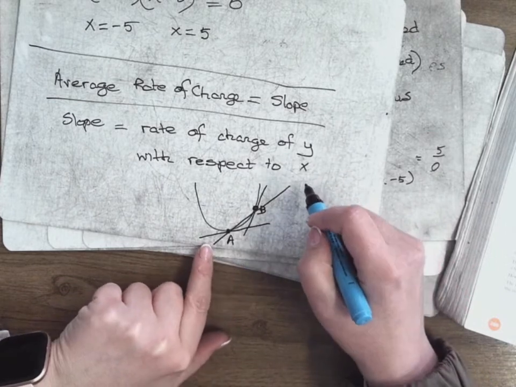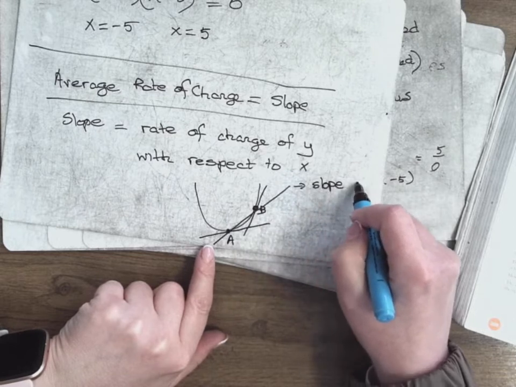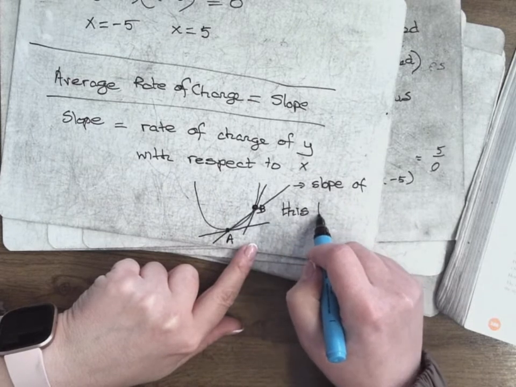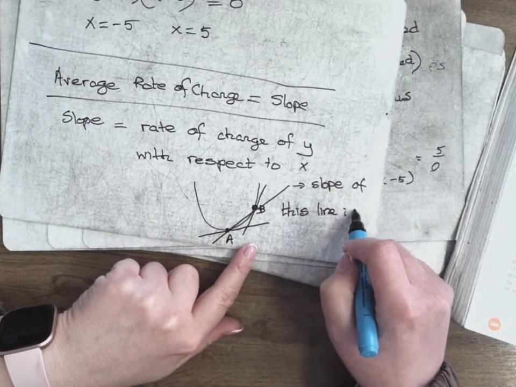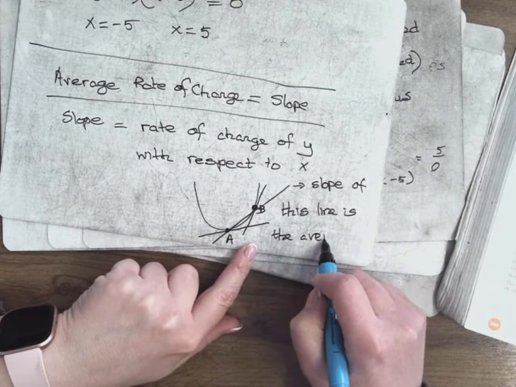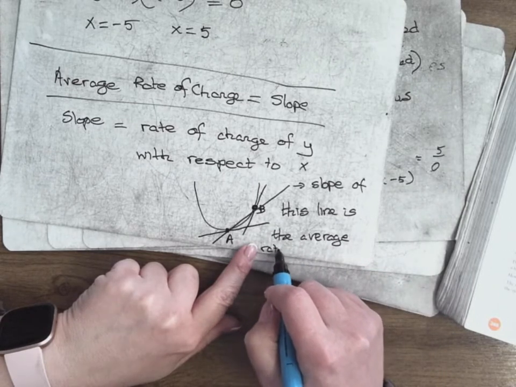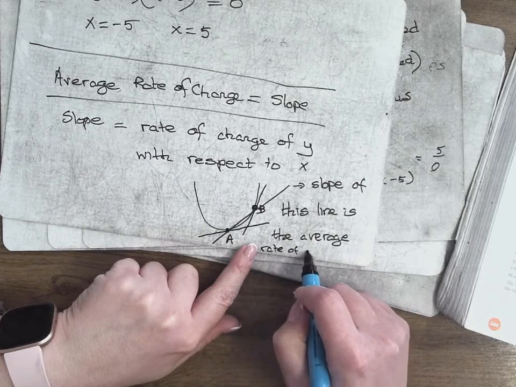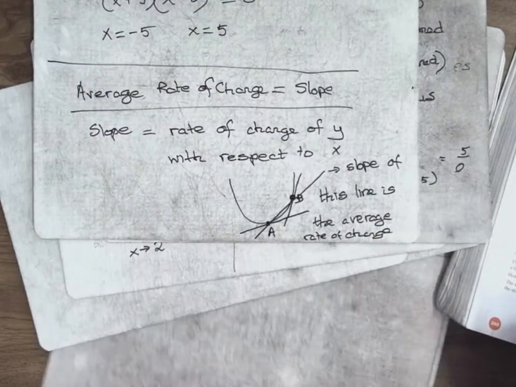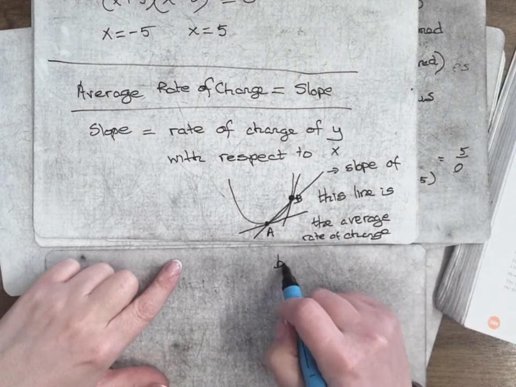And that slope is the average rate of change between A and B.